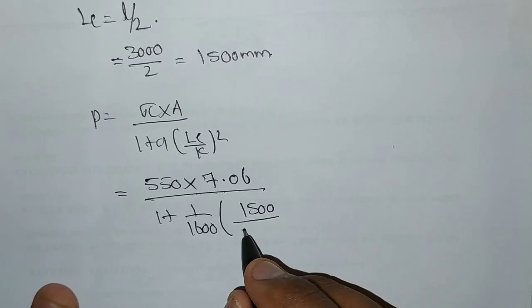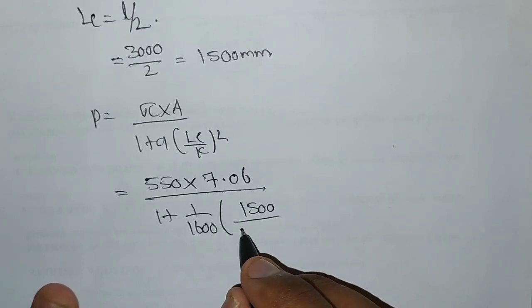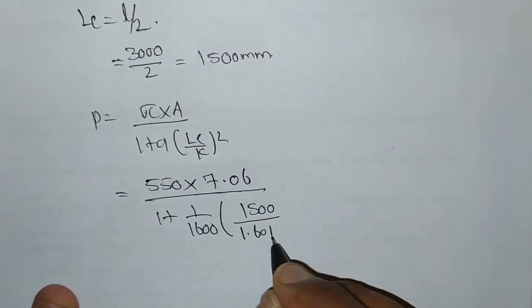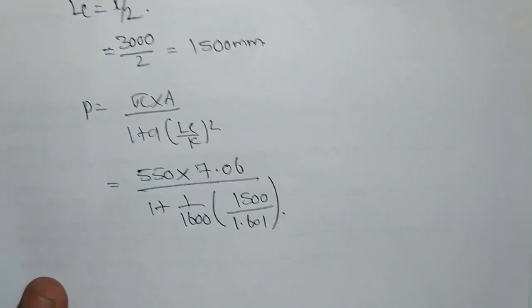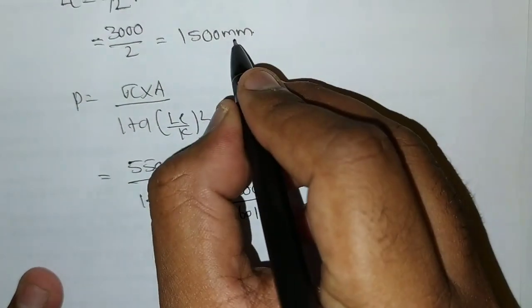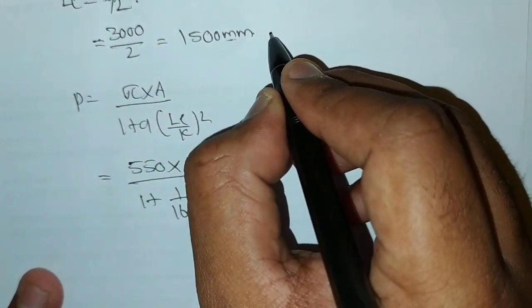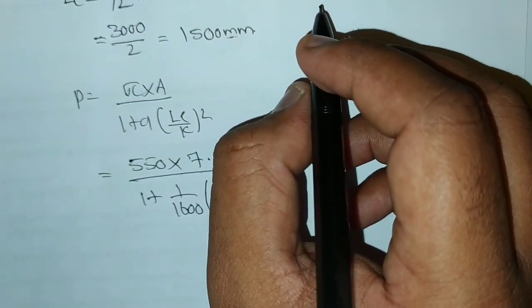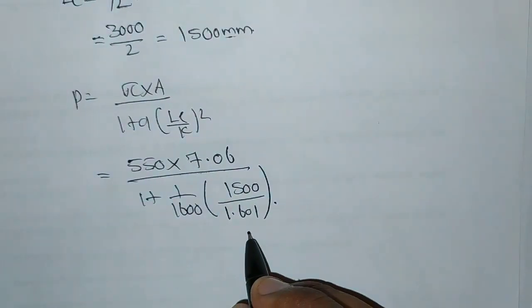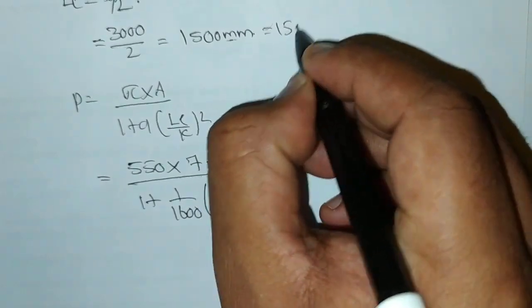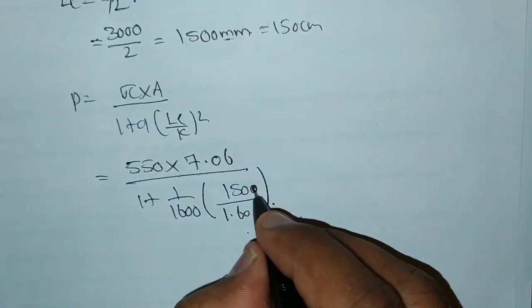Le by k value has come as 1.601. So by substituting that we will get, sorry, here in terms of mm, if you are going to substitute in terms of centimeters, so this is in terms of centimeters now, so it will become 150 centimeters.